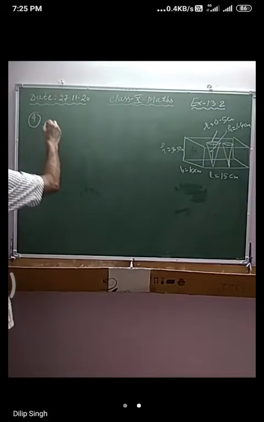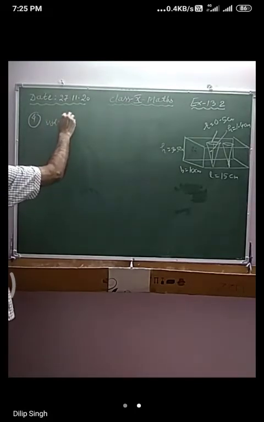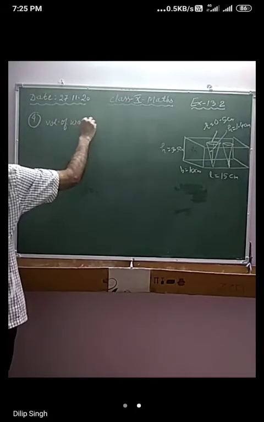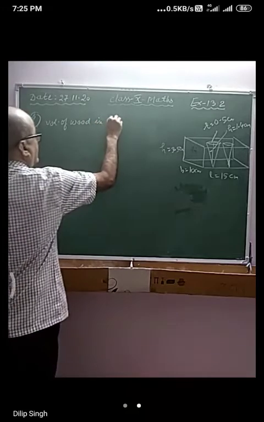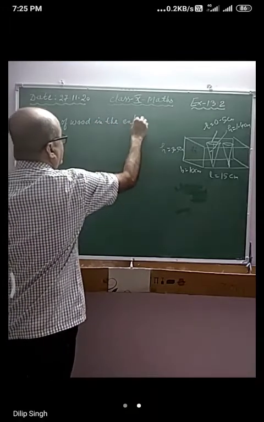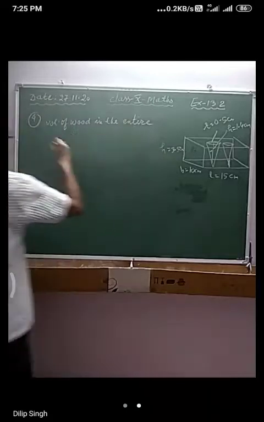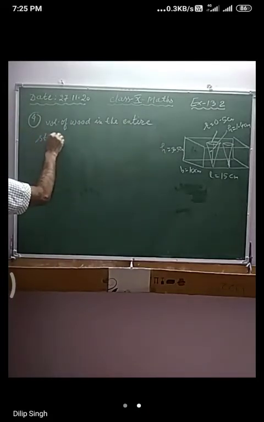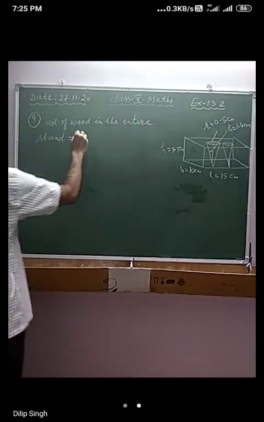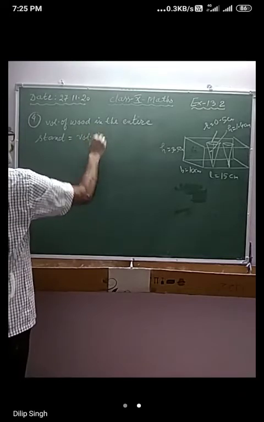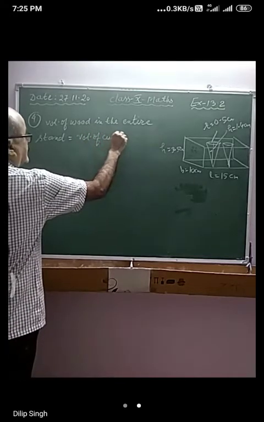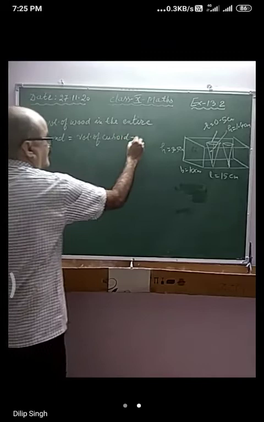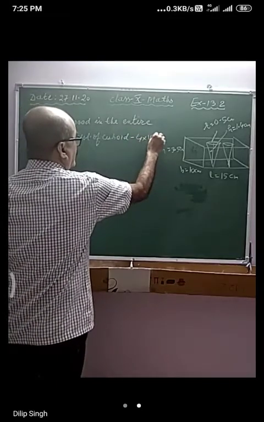So volume of wood in the entire stand will be equal to volume of cuboid minus 4 into volume of cone.